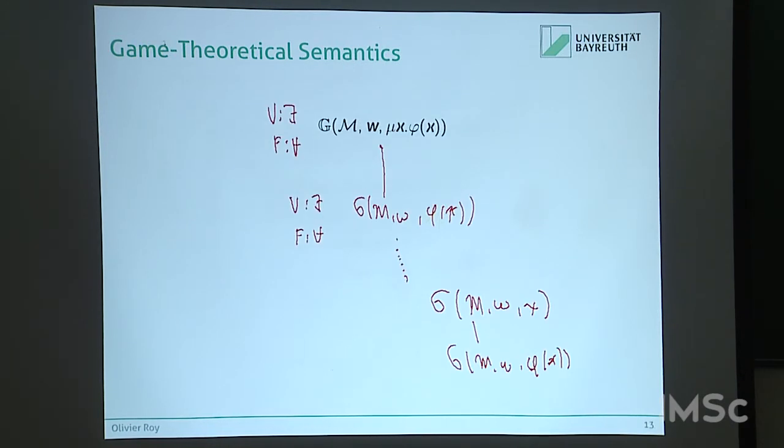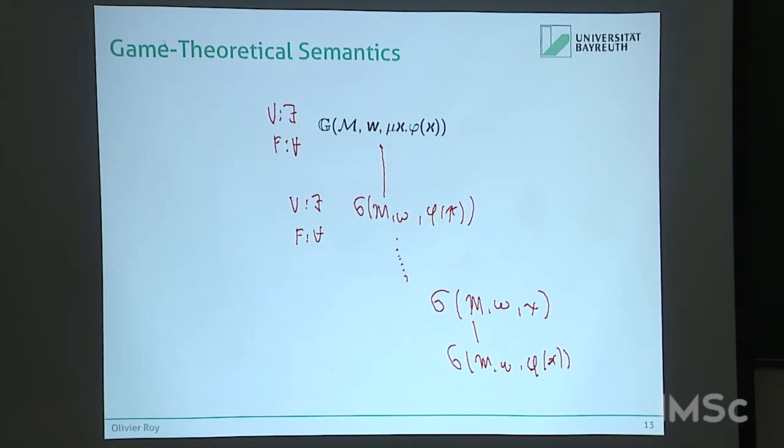But it could be that the game is not ending. So if we hit an infinite branch, what happens in this case? Well, if it's a mu operator, Eloise wins if this variable is unpacked only finitely often.